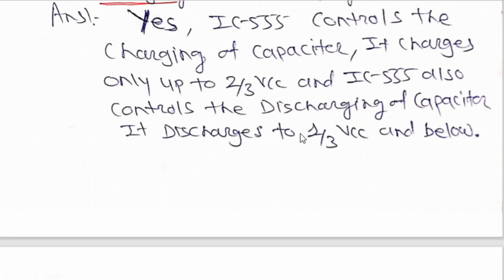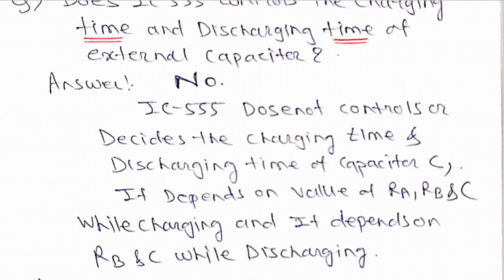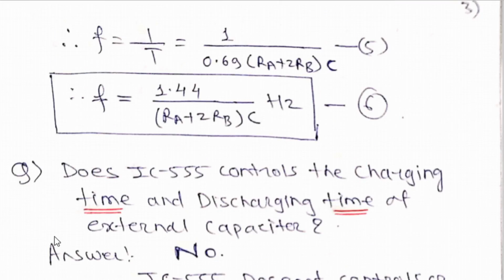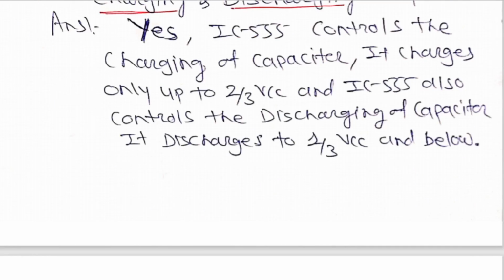So the capacitor charging to two-third VCC and discharging to one-third VCC is controlled by the IC555. So the answer to the question, does IC555 control the charging and discharging, is yes. But if you ask whether IC555 controls the charging time and discharging time, time is not controlled by the IC555. Charging time and discharging time are controlled by the values of RA, RB, and C during charging and discharging.